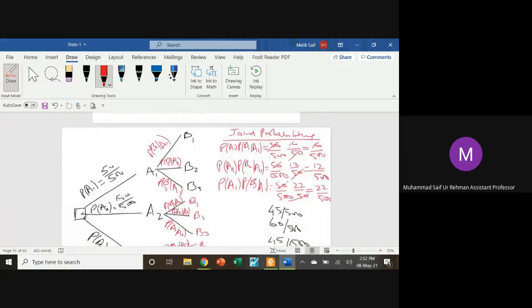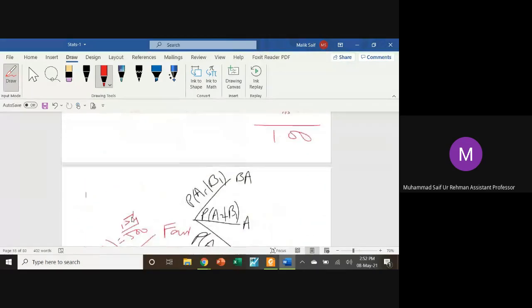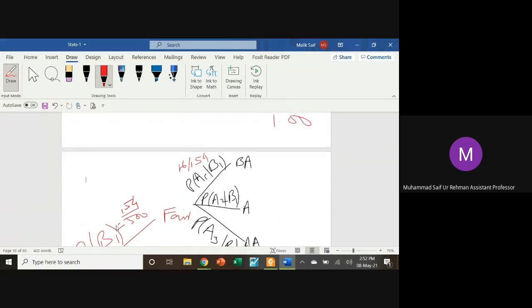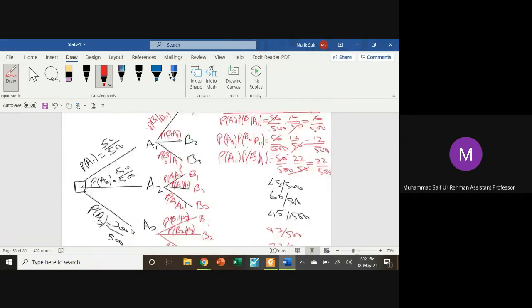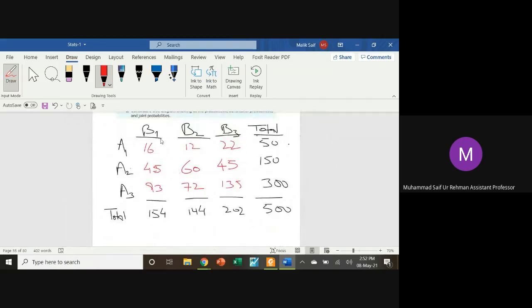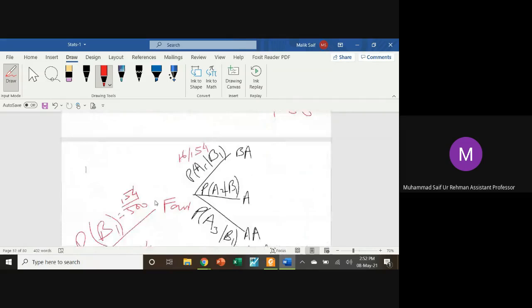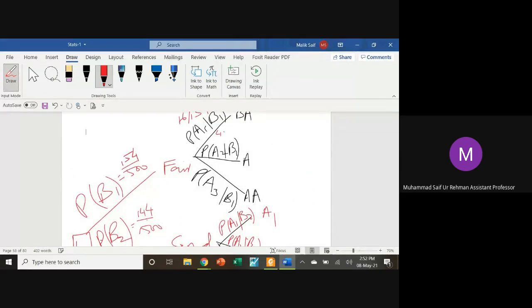Then A2 given B1 is 45 divided by 154, and then 93 divided by 154. Understand?